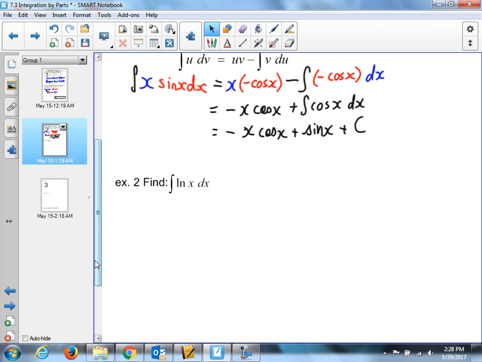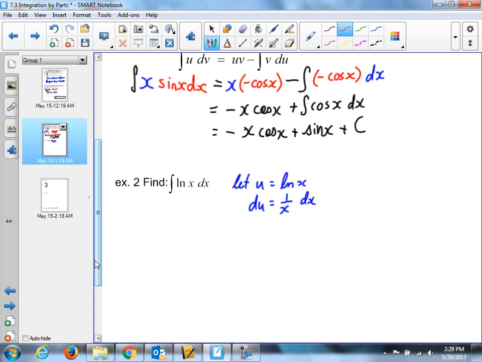Find the integral of the natural log of x dx. Well, in this case, what's the obvious choice for u? Let u equal natural log. When you do the du, the derivative of the natural log, it's simpler. Du is equal to 1 over x dx.